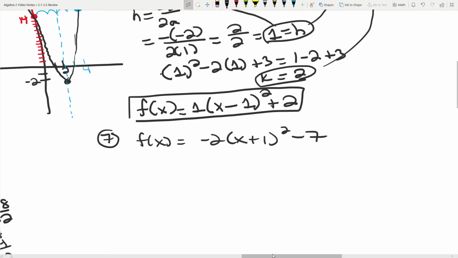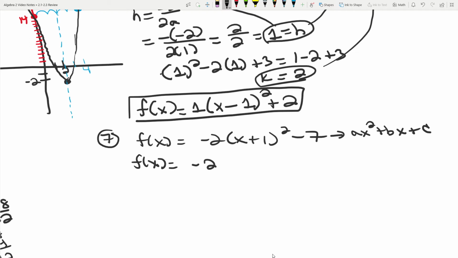Alright, so we want to convert this to ax squared plus bx plus c, basically. How do we do that? We're going to need to FOIL this guy. So remember, that squared there means that you have two of these guys. So we're going to rewrite this as f of x equals negative 2 times (x plus 1) times (x plus 1) minus 7.